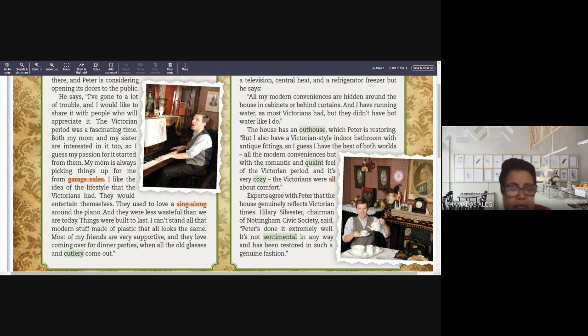Let me see if I have a picture here to show you. In the 1800s, the houses used to have a bathroom outside the house.